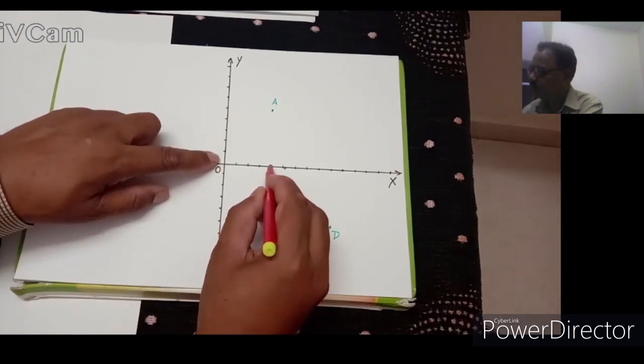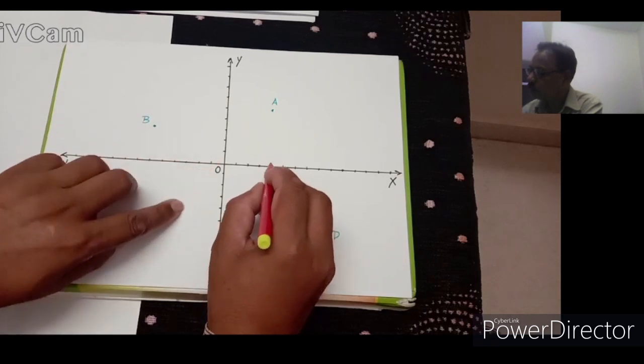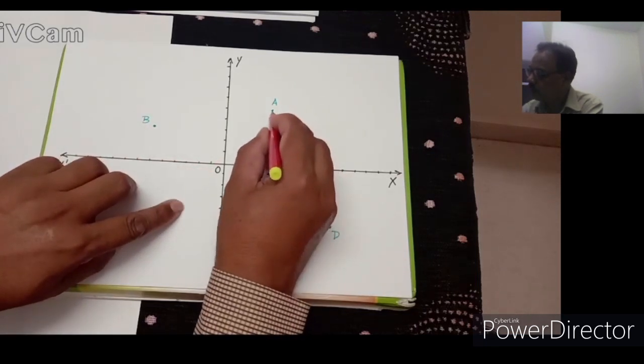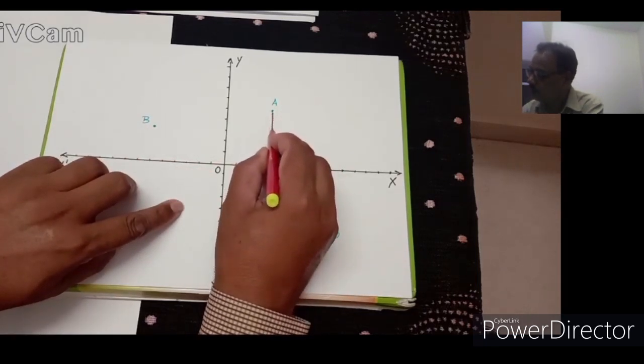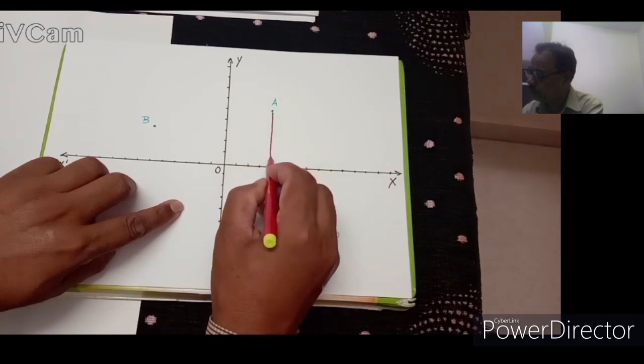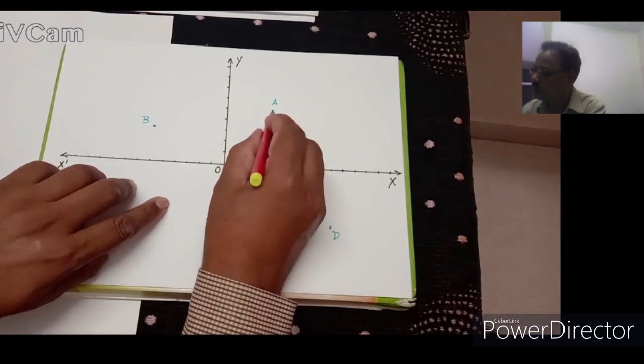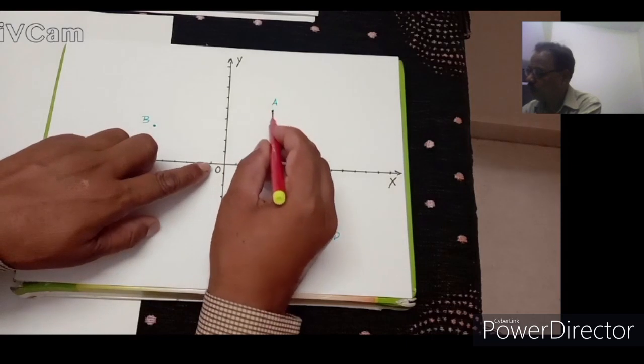Let us see. We are moving here to reach the point A from the point 4 like this. So we have reached here, and how much is this?